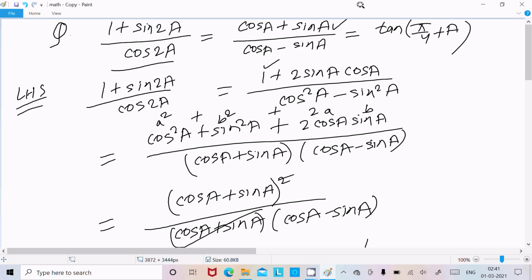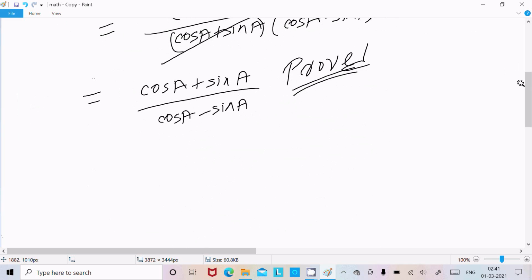Now we are going to change this into the form of tan(π/4 + a). So here we need to divide by cos a inside the numerator and denominator.